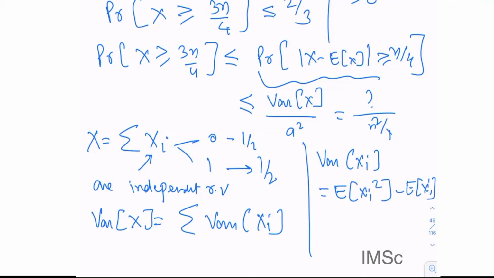Now what is xi square? It takes 1 or 0, and it takes 1 when xi takes 1. So what is the expectation of xi square? It is half.